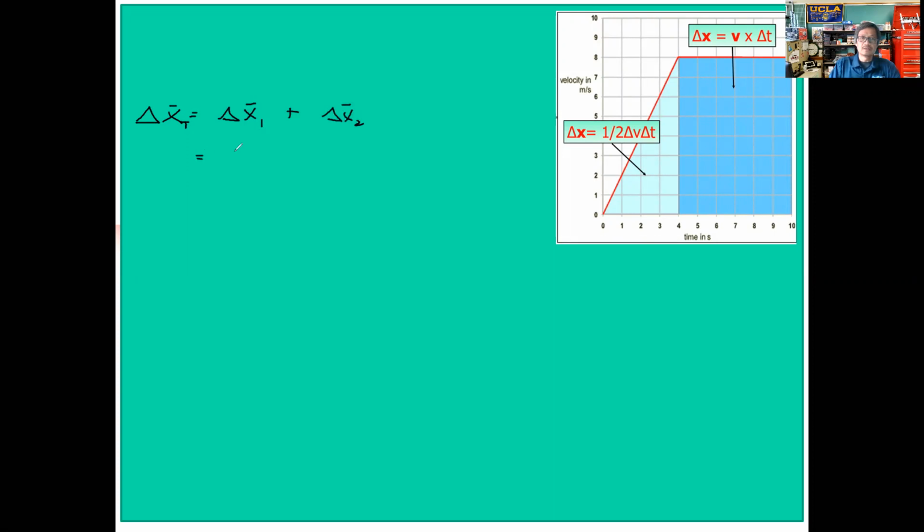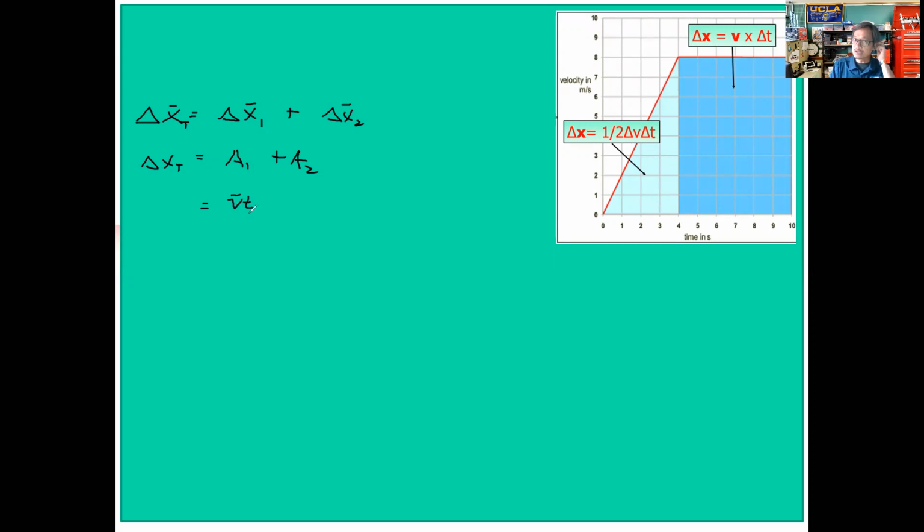So this will be area one plus area two, and that's how we find the total displacement. All right, so let's consider area one. Area one is going to be base times height, length times width. Let's plug this in. I have it written out here for you. This is going to be velocity times time. The velocity doesn't change, folks.